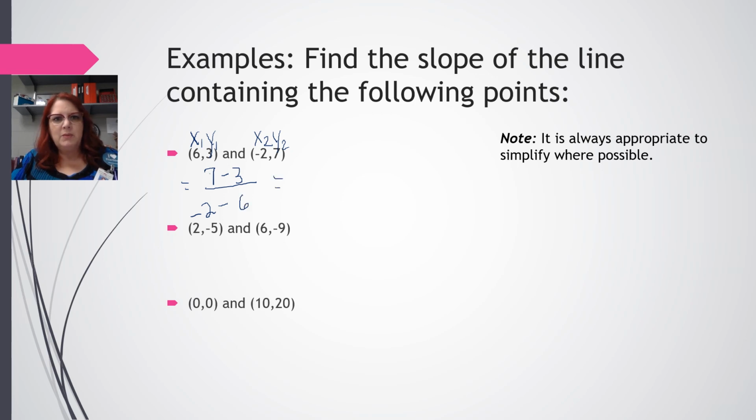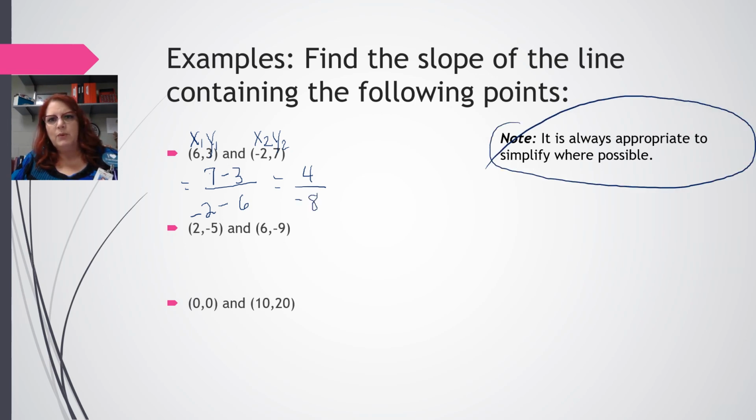So 7 minus 3 in the numerator gives me 4, and negative 2 minus 6 gives me negative 8 in the denominator. Now, take a note here. It's always appropriate to simplify. So I can divide this by 4 in the top and the bottom. So 4 divided by 4 is 1, and 8 divided by 4 is 2. And don't forget we have that negative, so that slope is negative 1/2.